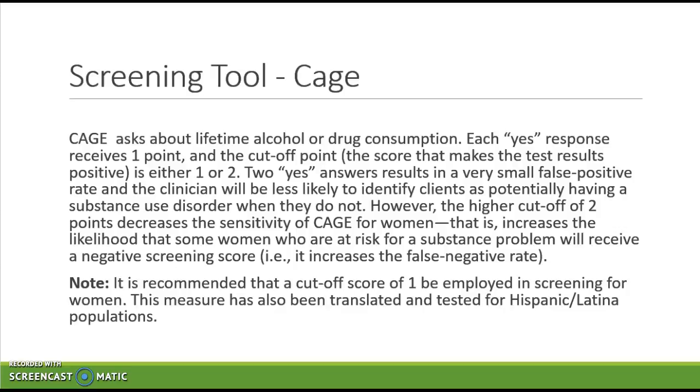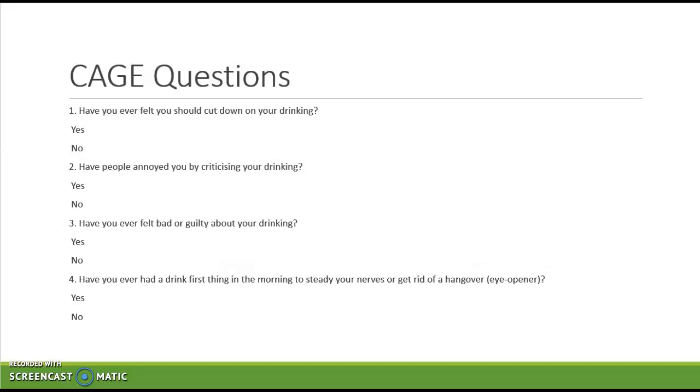Each yes response is allocated a point of 1, and 2 yes answers results in a very small false positive rate. The clinician would be less likely to identify clients as potentially having a substance use disorder when they don't. The questions are: have you ever felt you should cut down on drinking?